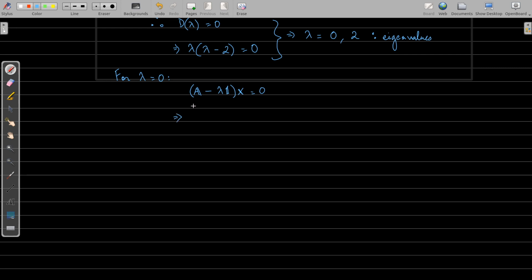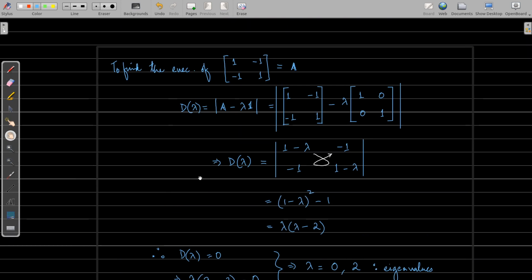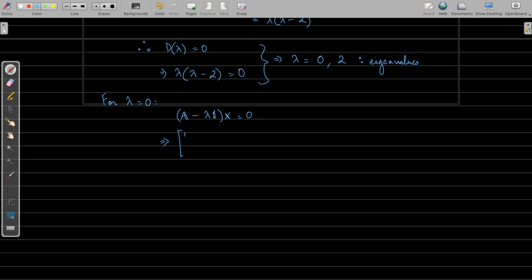A here is 1 minus 1 minus 1 1, minus lambda, which is equal to 0, times 1 0 0 1, and then there is the vector x, which we can replace with x and y.